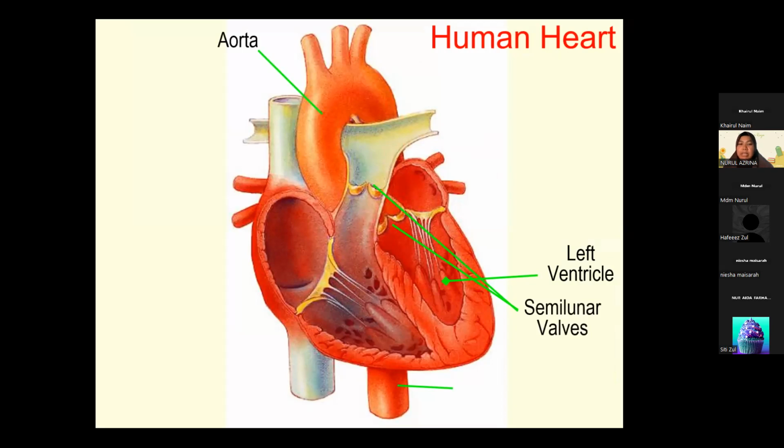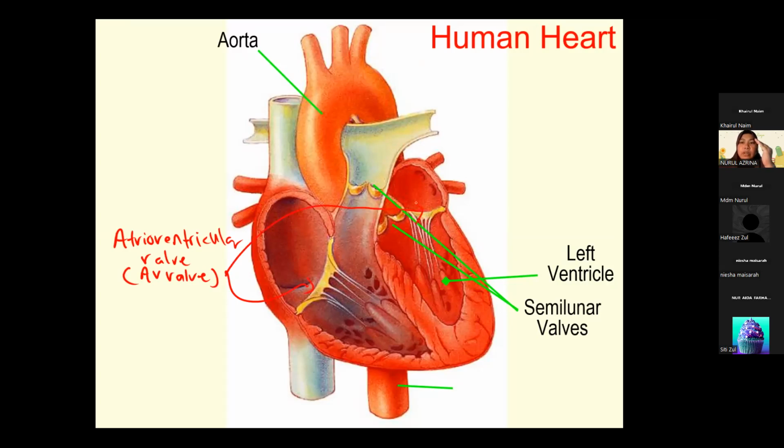Remember, the valve found between the junction of the atrium and ventricle we call the atrioventricular valve, or AV valve, which can be found here and also here.